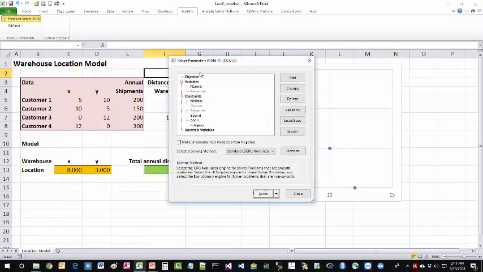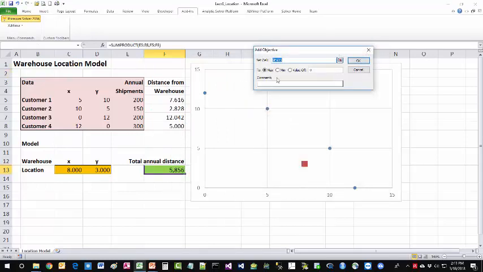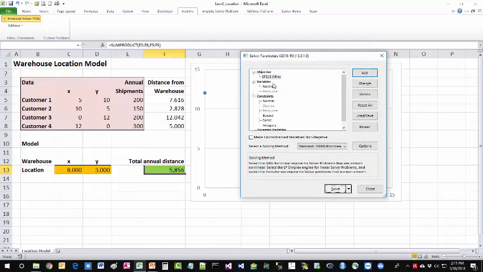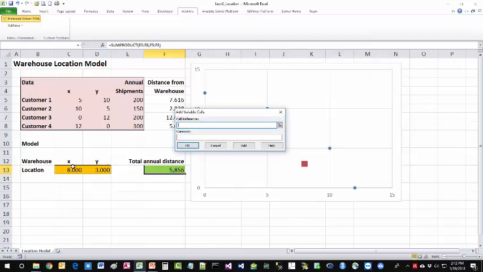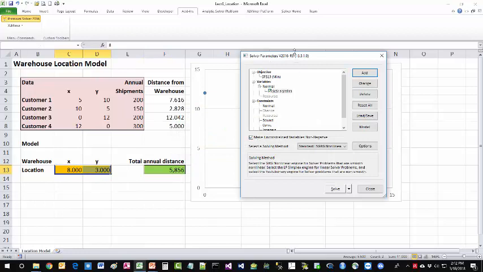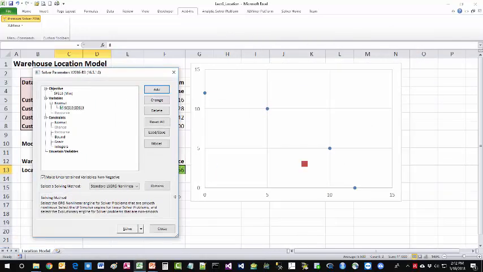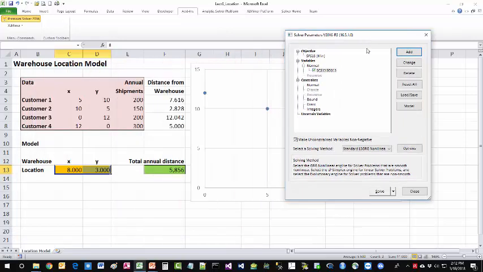We click on the objective, add this cell F13 to be minimized by changing the XY coordinates, and assuming that they're, of course, going to be non-negative. We could constrain them to be between, obviously, something like 0 and 15. We can constrain the space, but in this case it doesn't really matter.